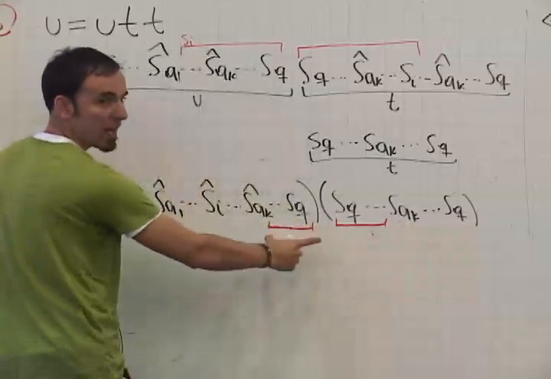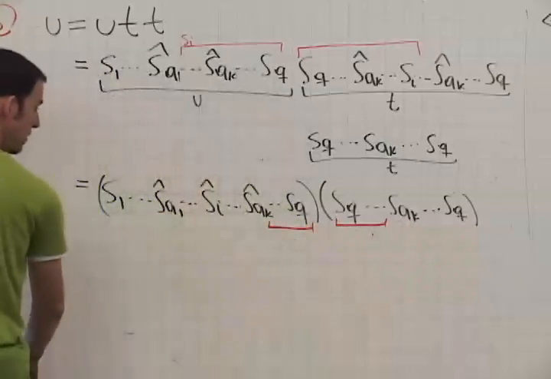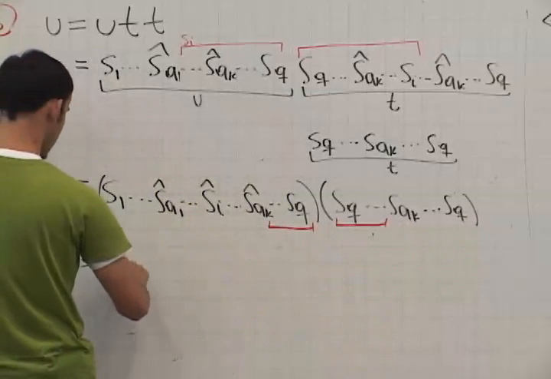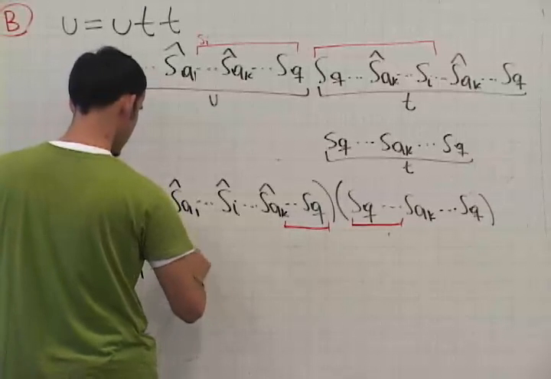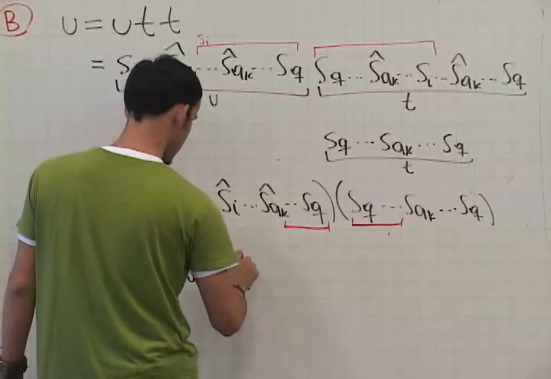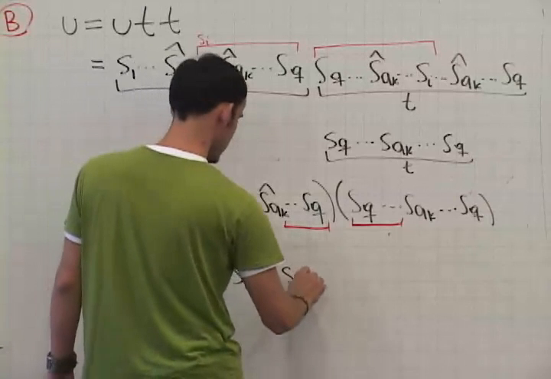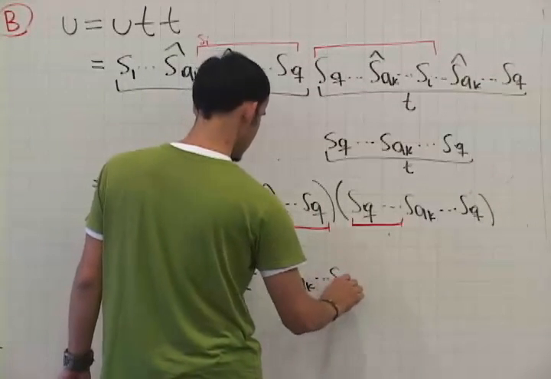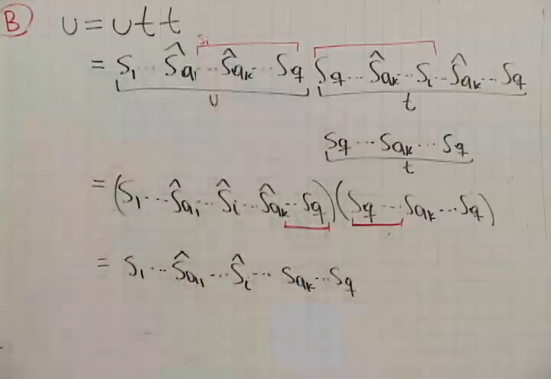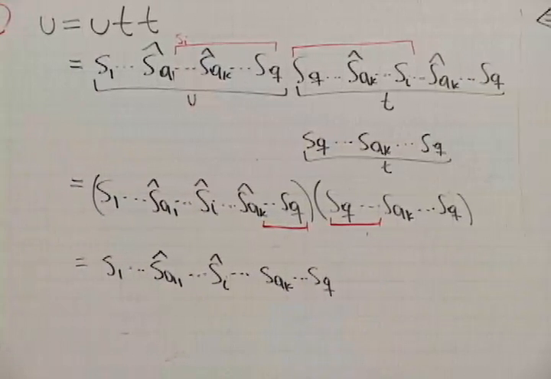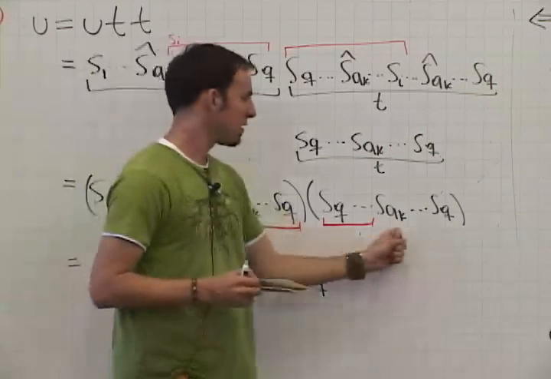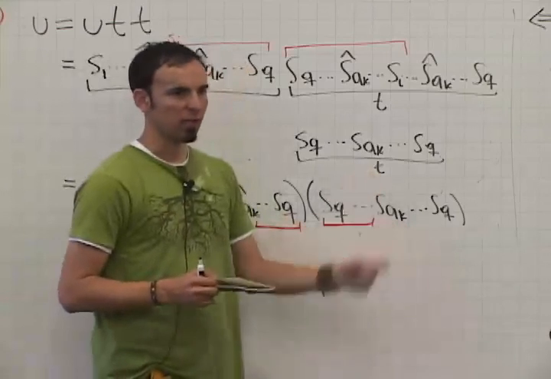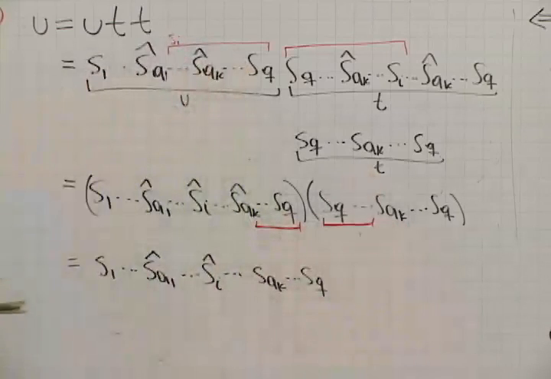So what it's doing is that it's adding S_{A_K}. So you notice now basically what happens when I multiply by things like this, either they add A_K or they remove A_K. That's what's been happening this whole time.